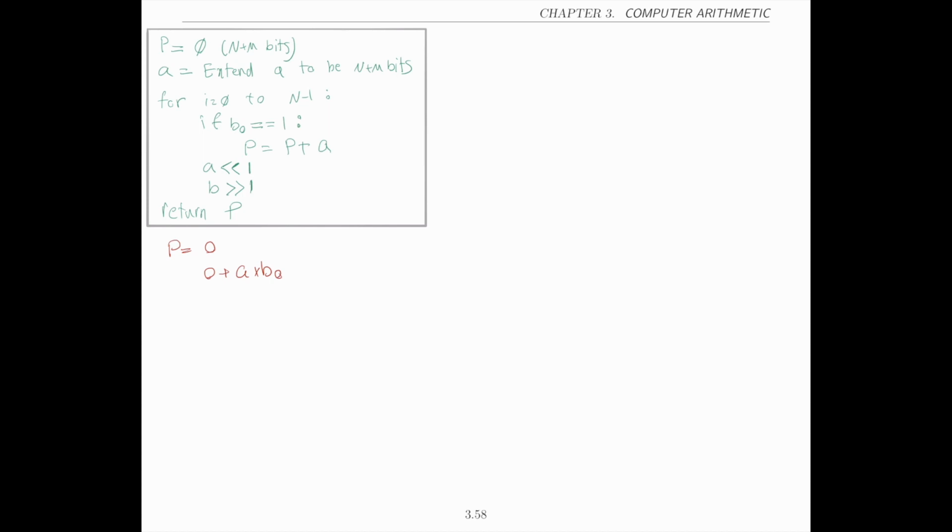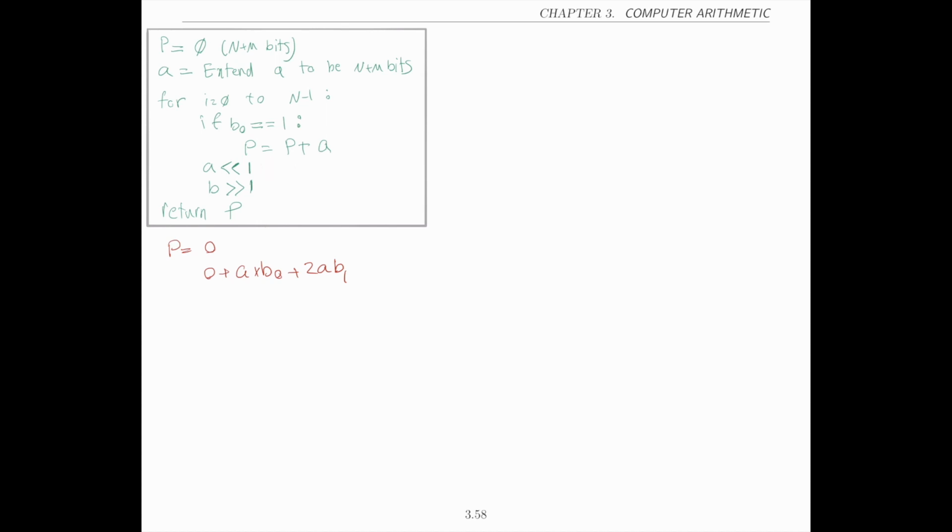In the next one, it's going to add to it twice a multiplied by b1. Why twice a? Because we are shifting a to the left. Why b1? Because we are shifting b to the right. Whenever you shift something to the left, it's as if you are multiplying it by 2.